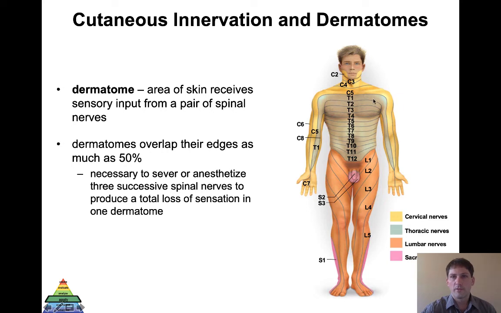In here we can see T1 branching down, and over here T2, T3, T4, right? These dermatomes overlap their edges, and they can overlap up to 50%. So when you're anesthetizing superficially, you need to make sure that you're anesthetizing 3 regions to get all of the spinal nerves that are innervating those areas.